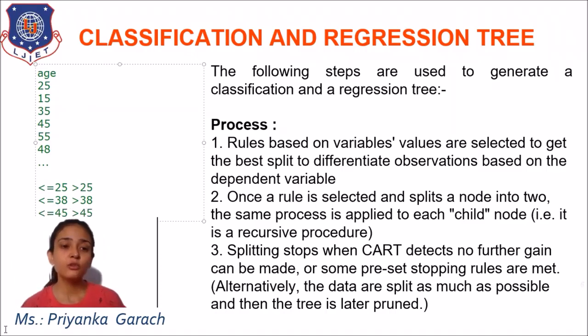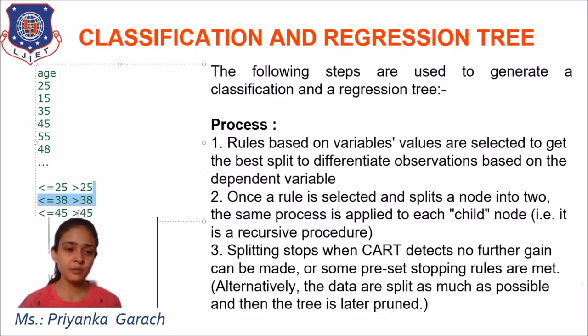Based on the values present in the age attribute, I have to visualize the values and select a proper split of this attribute into two parts, because CART is a binary tree. So I can represent it only in these two ways, either less than or equal to 25 or greater than 25, or less than or equal to 38 or greater than 38.